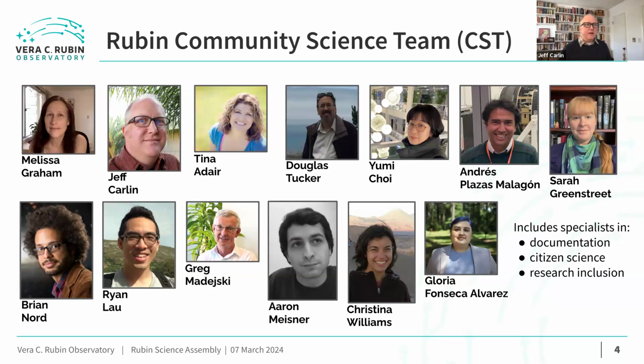So do feel free to reach out to any of us with questions. This team has members with expertise in a wide variety of science areas related to Rubin science, as well as specialists in documentation, research inclusion, citizen science, and other topics. So I just wanted to put faces with the names.